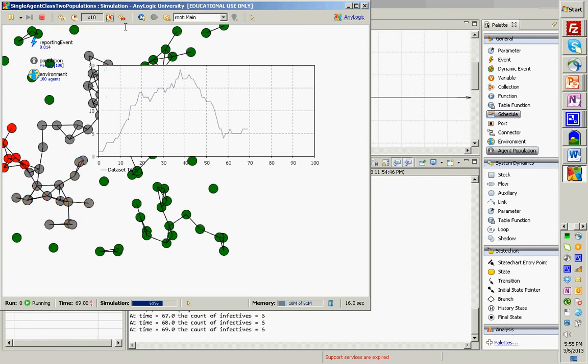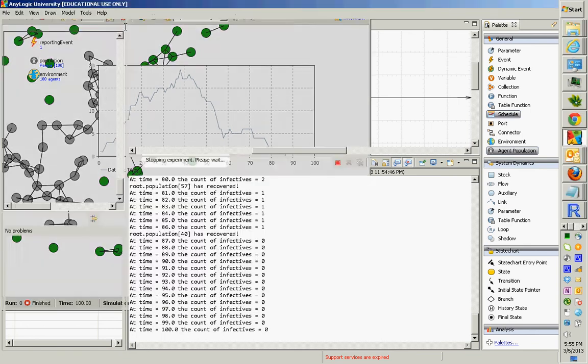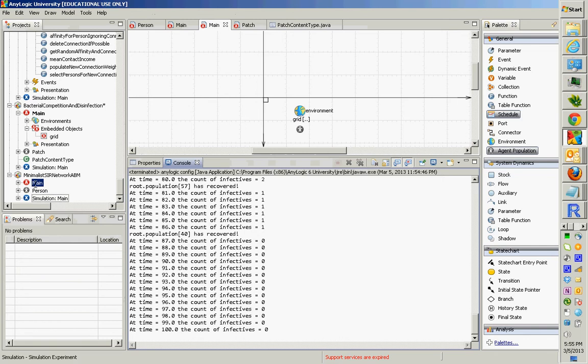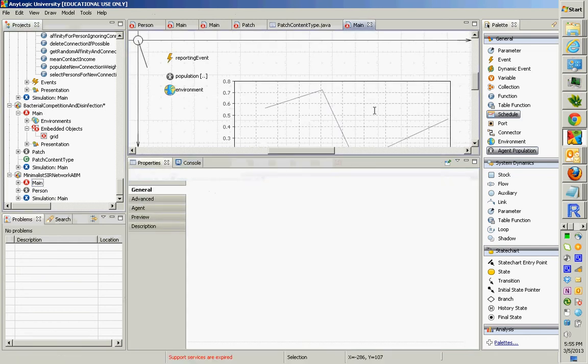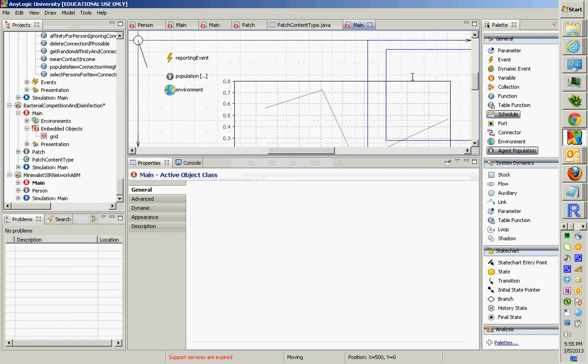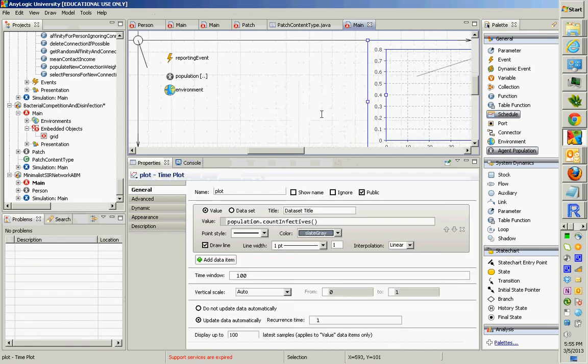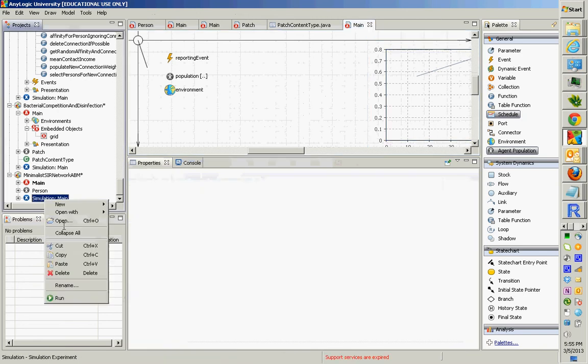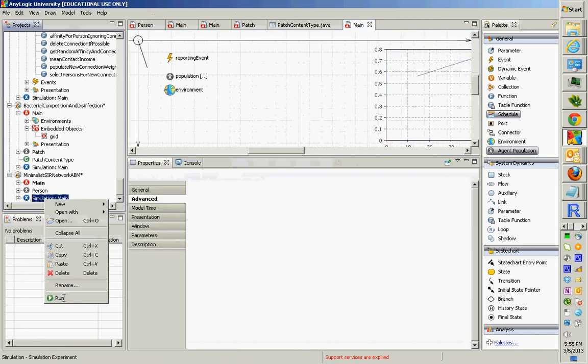Let me get this out of the way here so that we can see it a little better. We'll drag this out, and we're going to see the impact of different types of networks. The first is the distance-based network, and here we have a spread of infection that is predominantly localized.